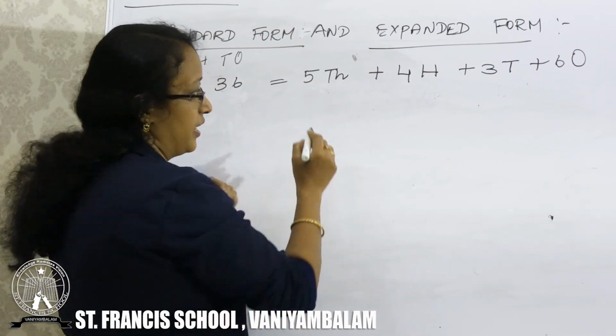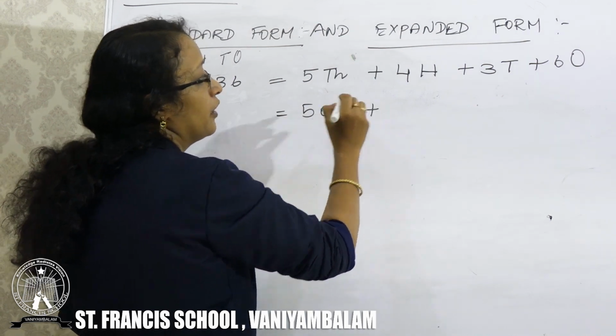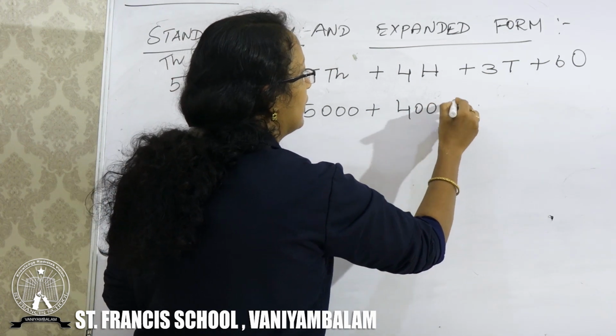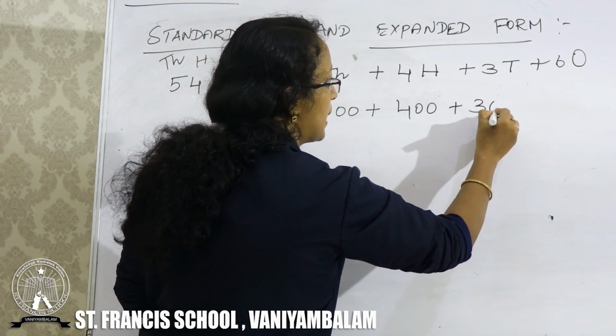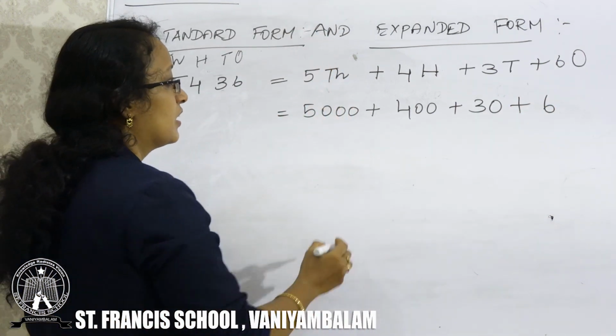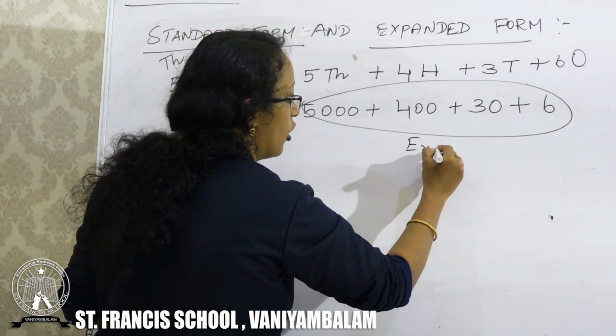So 5 in thousands place is 5,000. 4 is in hundreds place, 400. Plus 3 is in tens place, 30. 6 is in ones place, 6. This is your expanded form.